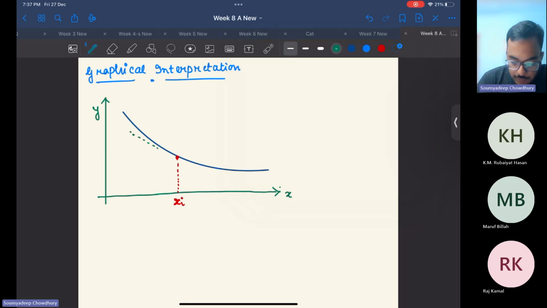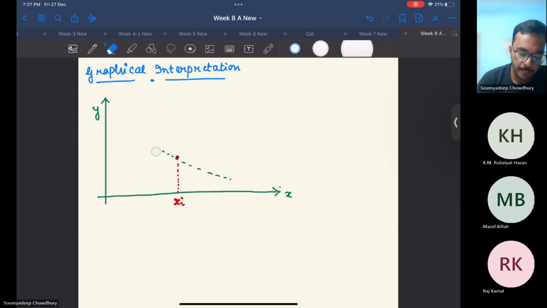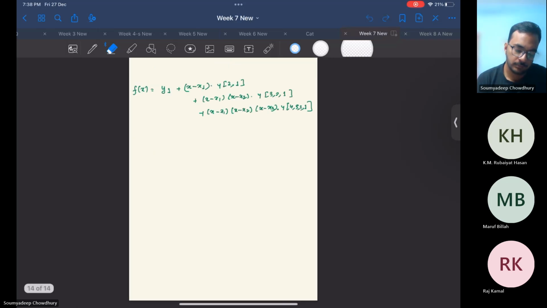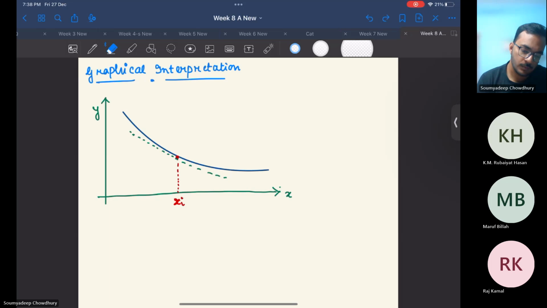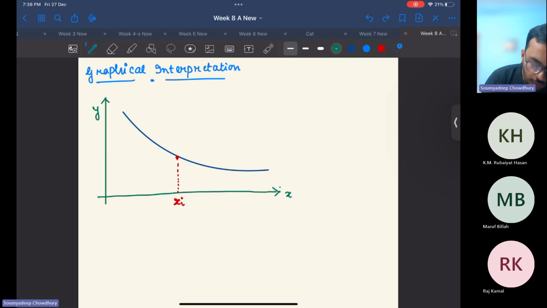So we draw a tangent to the curve at this point, and then we find the slope of this line, and that will be the slope of the differentiation of the curve at this particular point.